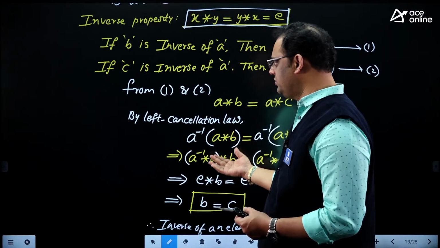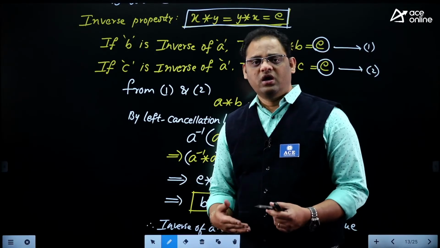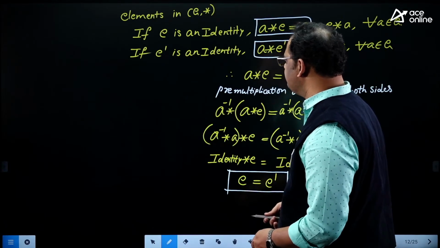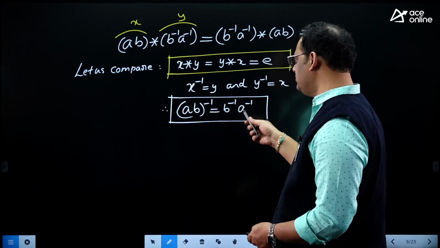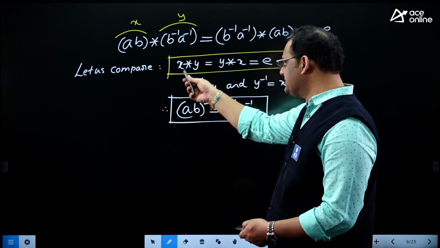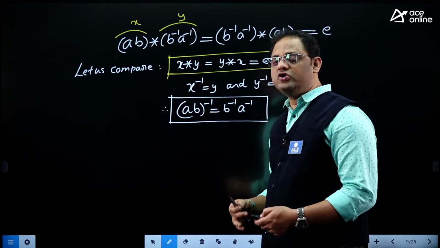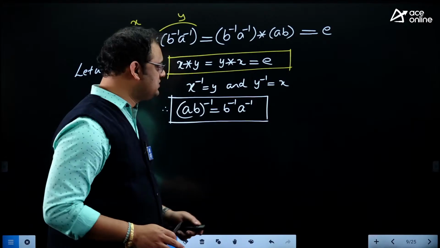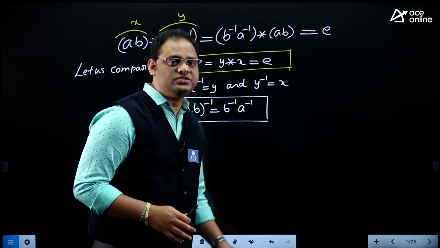So here I discussed the proofs of the properties, and these proofs help your logical thinking, how we can derive a proof. For example, to prove that (AB) whole inverse is equal to B inverse into A inverse, I considered X star Y, with this as X and this as Y. This type of logical thinking helps you in many areas. I hope you got the things, and I think you enjoyed today's session with group theory concepts.